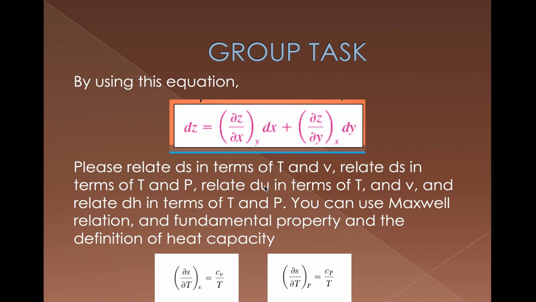So this is the z, this is the x, and this is the y, and you have to arrange it, and you can refer to the relations. You can use Maxwell relation, fundamental property, and the definition of heat capacity to get to the final derivation.